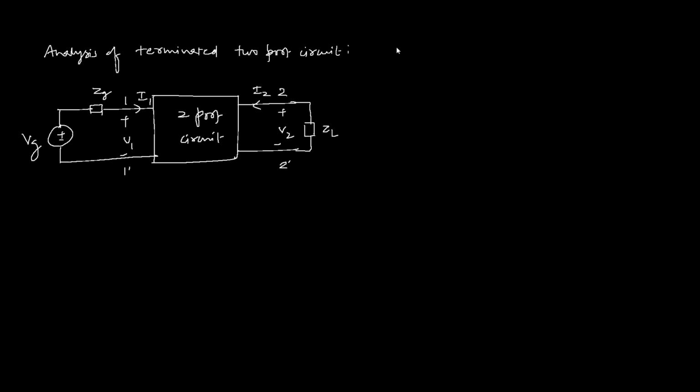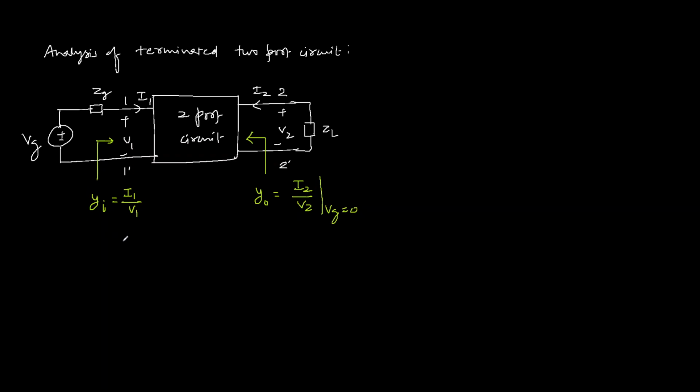And here we have to find the input admittance Yi, which is the ratio of I1 to V1, and the output admittance, which is the ratio of I2 to V2 when Vg is 0.